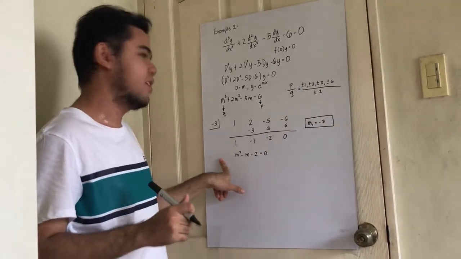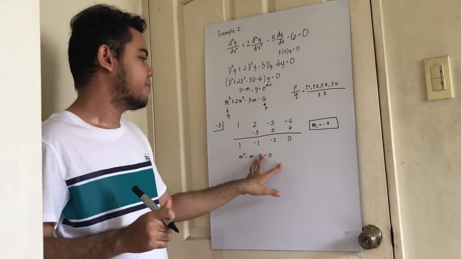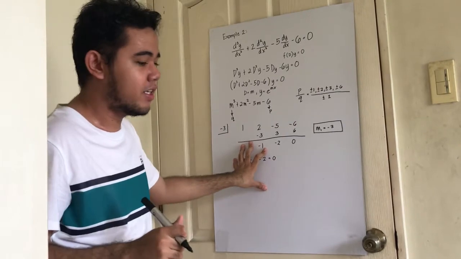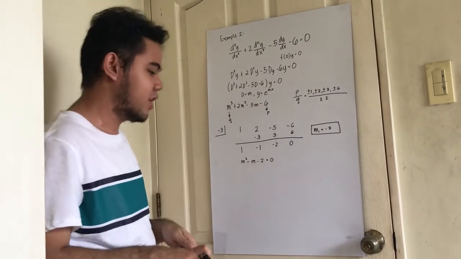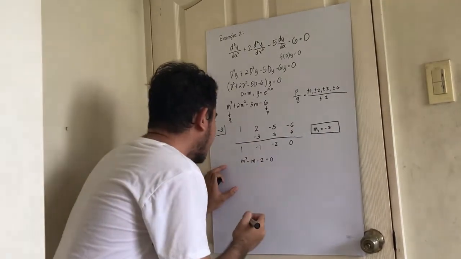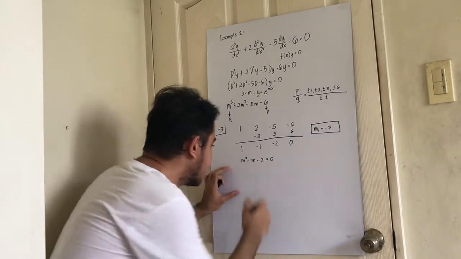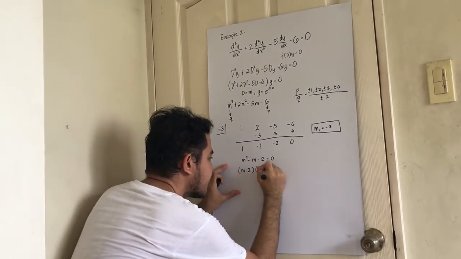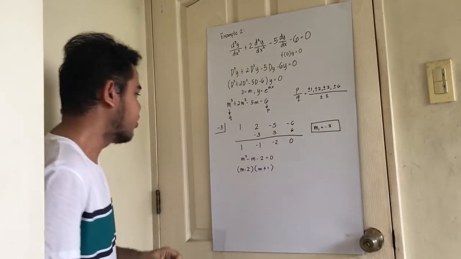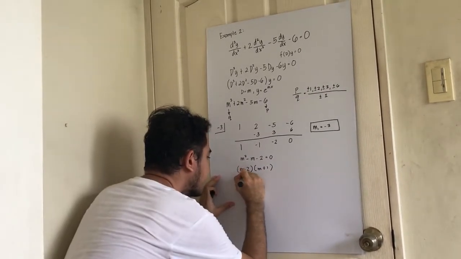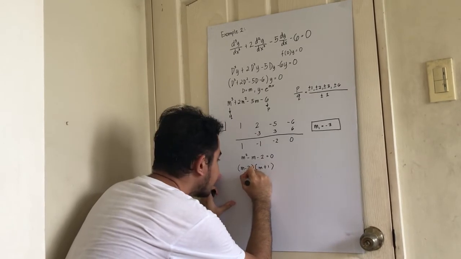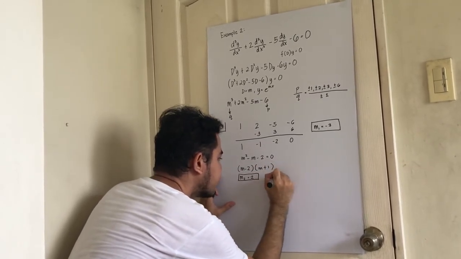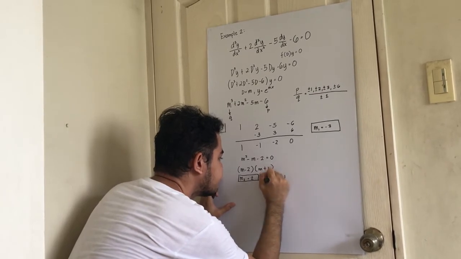You can use the quadratic formula, or you can just factor it if it is factorable. So, the factors of this would be m minus 2 and m plus 1. Therefore, your second root would be 2, and your third root would be negative 1.